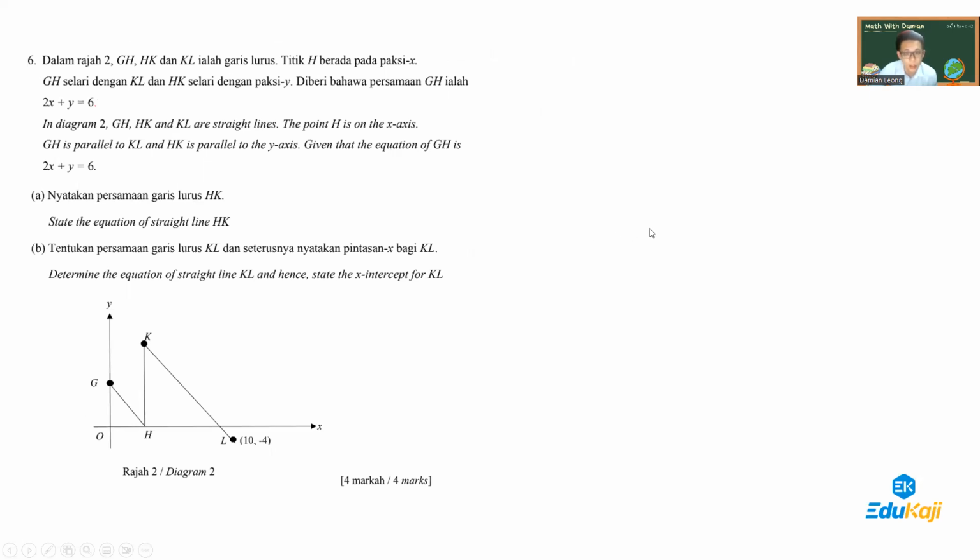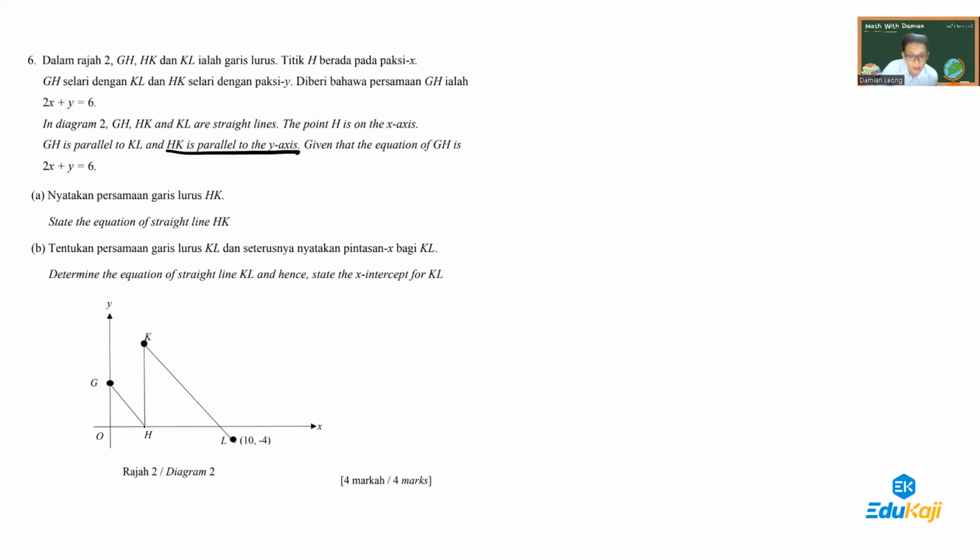Question 6. So I have the GH equation, 2x plus y equals 6. I want the equation of HK. HK here is a vertical line parallel to the y-axis.